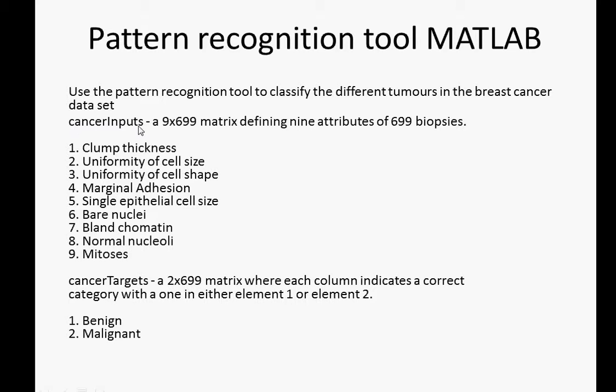The first one is called cancer inputs, and we have 699 biopsy results with 9 features coming out of each of those. And then we have another matrix called cancer targets that will tell us, for each of those biopsies, if the tumor was found to be benign or malignant.